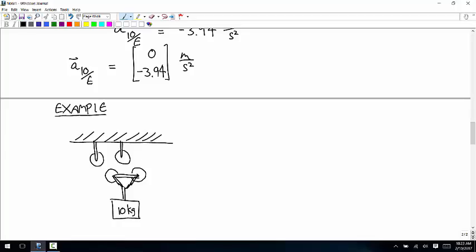So let's add a cable. And the other side of this cable is attached to a 5 kilogram mass. Yes, those are all vertical.